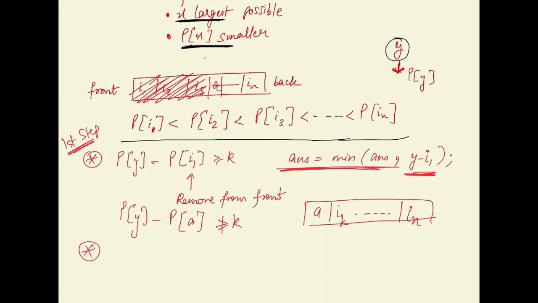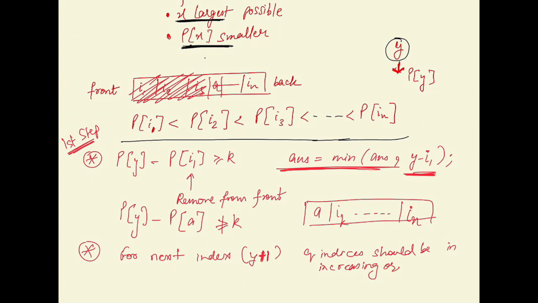The second step is for the next index y plus 1. We have to maintain the invariant that the queue indices should be in increasing order of p values, because of the argument we made earlier.